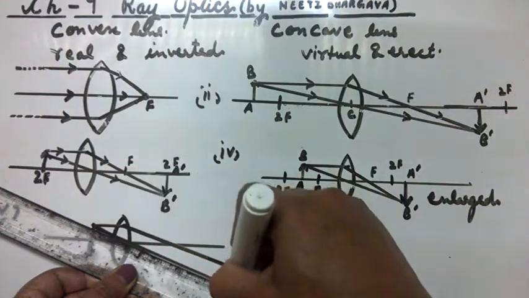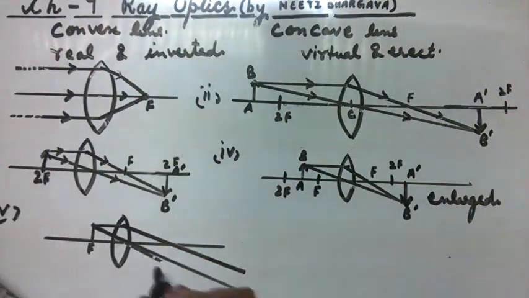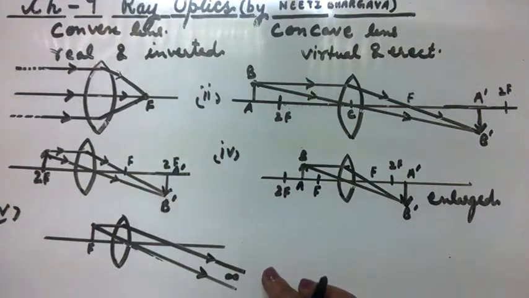Here the image will meet at infinity, and as the image will form at infinity, so it is highly enlarged as well as real and inverted.